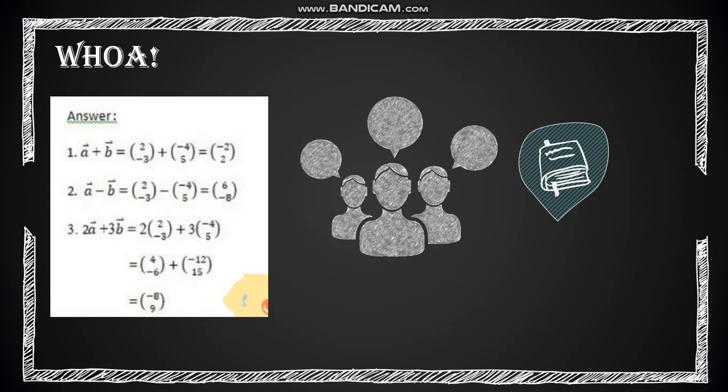The answer to number 1: a plus b equals (2, negative 3) plus (negative 4, 5) equals (2 plus negative 4, negative 3 plus 5), which equals (negative 2, 2).